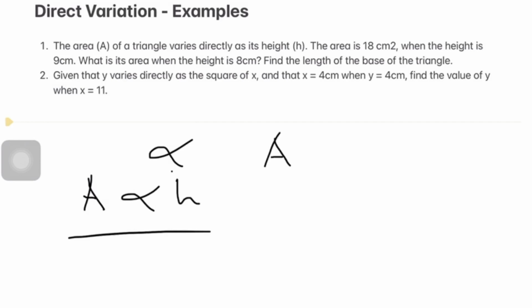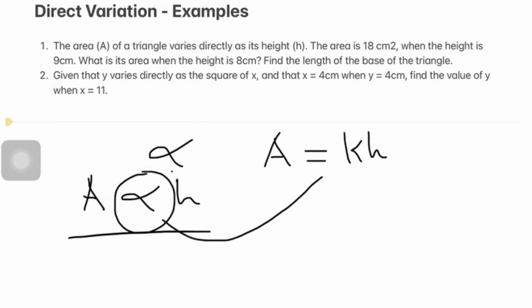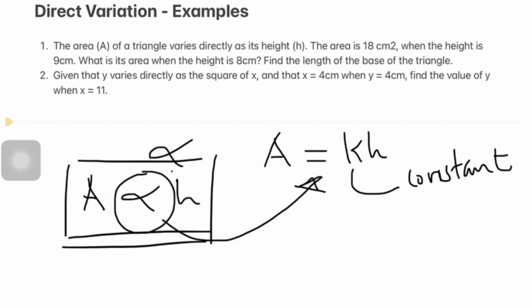I said A is equal to, you introduce a constant of proportionality, let's say K, and then your H. To change from the symbol of proportion to the equal sign, you have to introduce this constant of proportionality.